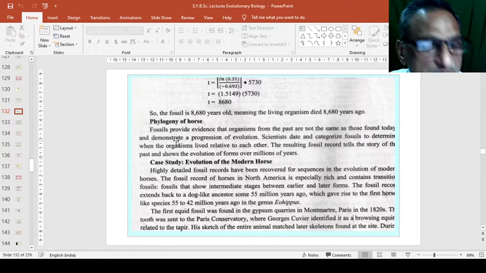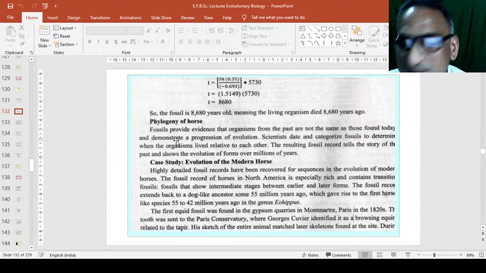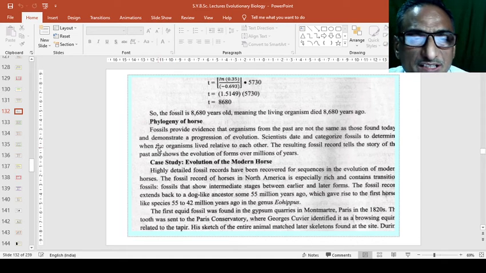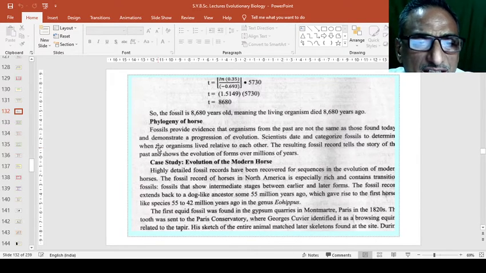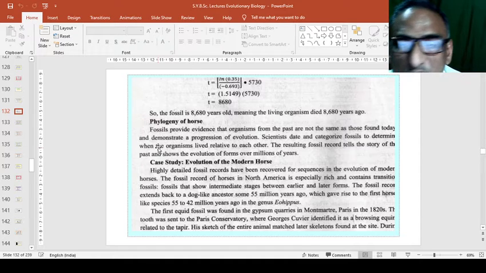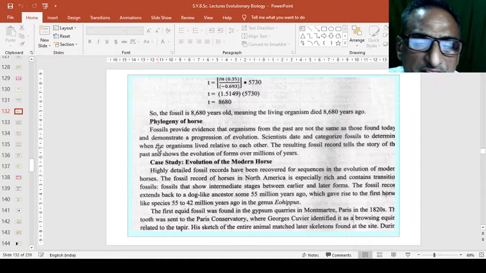Phylogeny of horse. In the study of evolutionary aspects, the horse is the best animal, which gives us a very good link, and we have very good evidence that horses evolved from the olden Hippus species, as we will see.